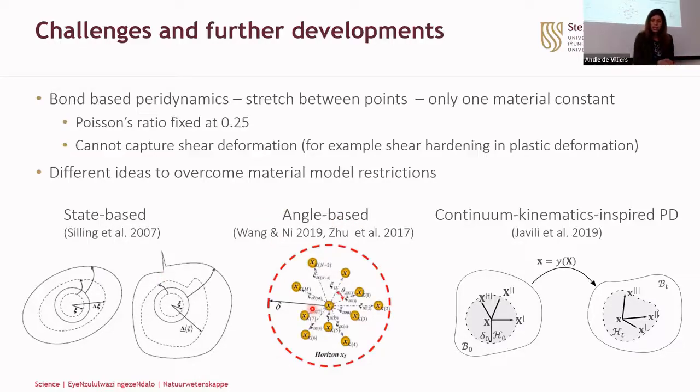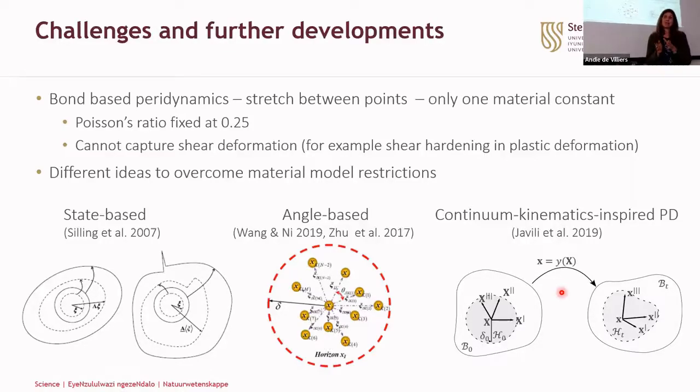Then there were also ideas to have the forces between the material points depend not only on the stretch, but also on the change of angle of this bond. And then the third idea, which I'm talking about now, is continuum kinematics inspired peridynamics.